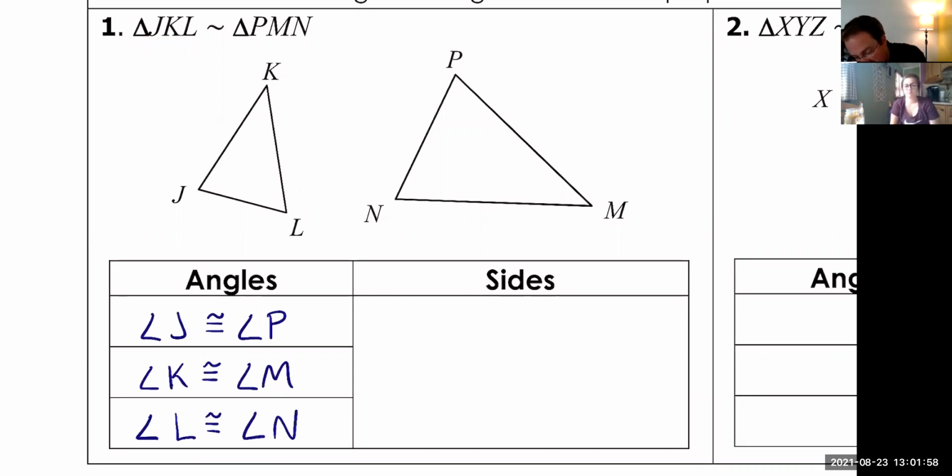So I would say that JK is proportional to PM, which should equal the same proportionality from KL in regards to MN, which should also have the same scale factor or proportionality as JL, or I'll say LJ, and NP.